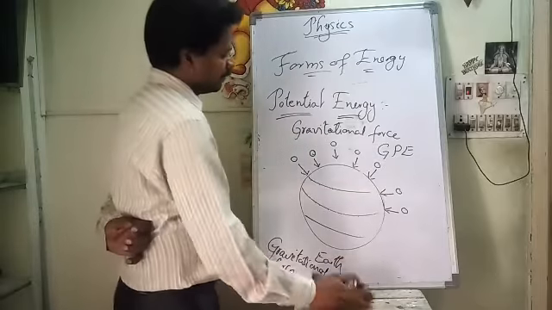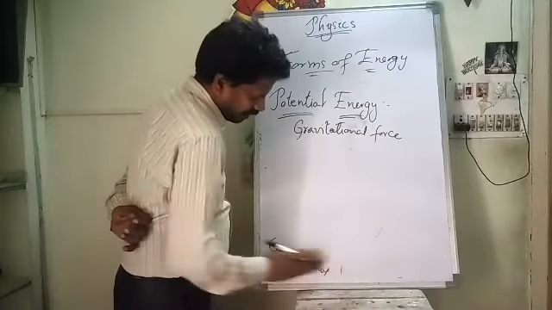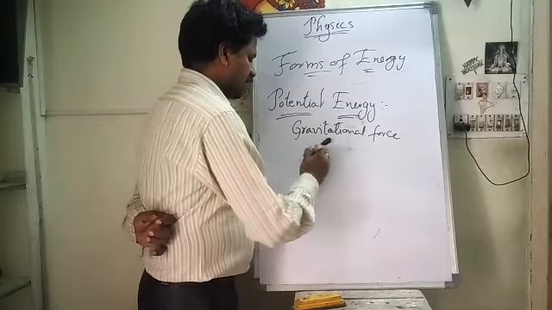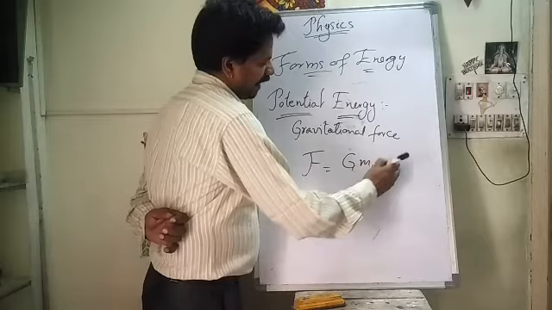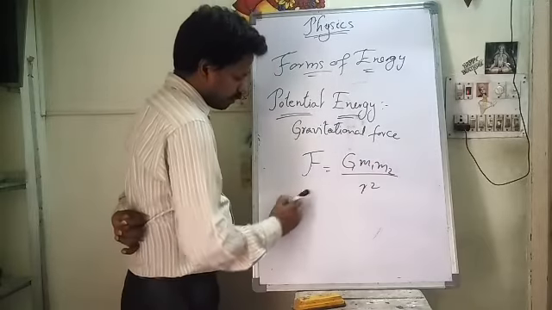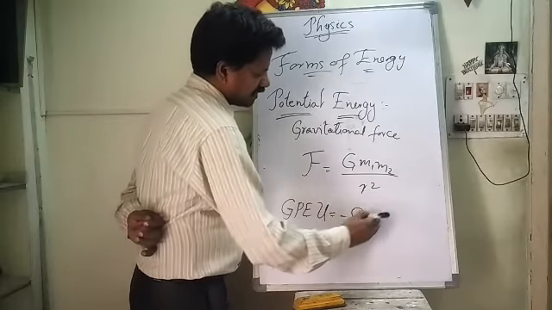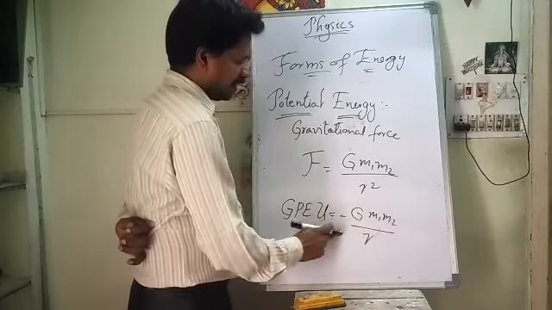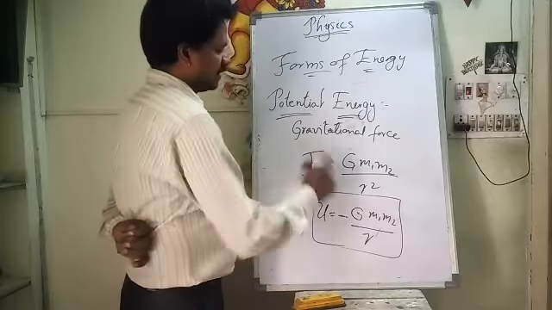You know very well the gravitational force formula. What is the formula of gravitational force? Gravitational force equals G m1 m2 by r square. Here the gravitational potential energy U equals minus G m1 m2 by r.